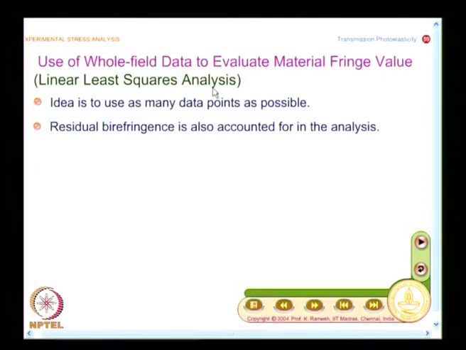The credit to introduce these kind of methodologies goes to Professor Sanford. He was the first person to initiate this kind of thinking in experimental mechanics. This was initially obtained for a disk under diametric compression, then it was used for fracture mechanics problems, finding out stress intensity factor and sigma naught x. We would confine for the time being to how you can find out the material stress fringe value.